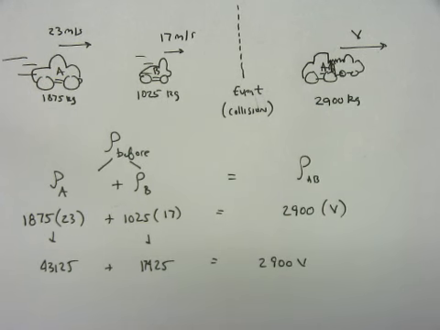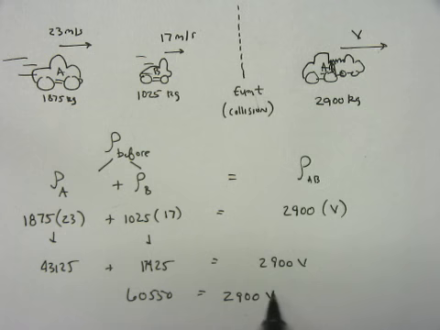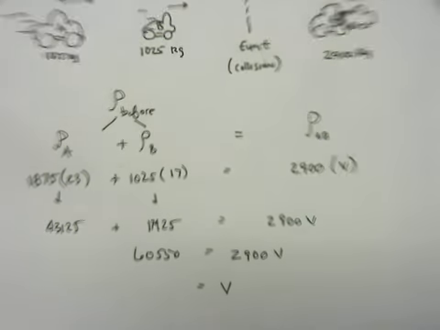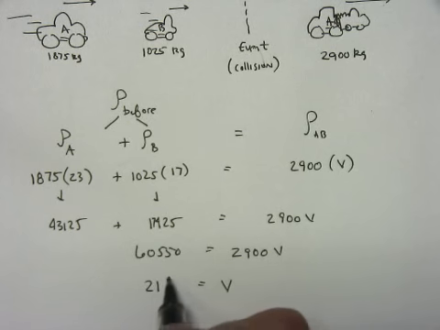Adding these two together, I get 60,550. Then I can solve this for v, and I get 21 meters per second.